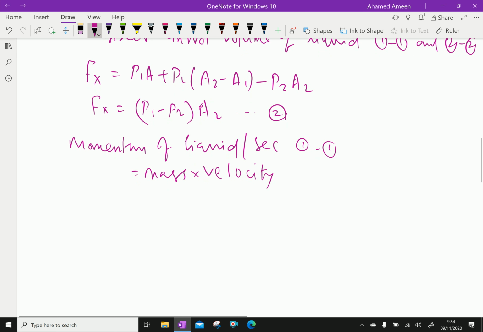Here mass is rho A1 V1, that is density into volume, rho into A1 V1, into the velocity at section 1, which is V1, so it is rho A1 V1 squared.